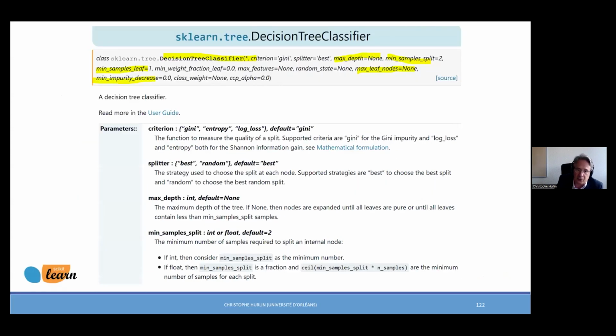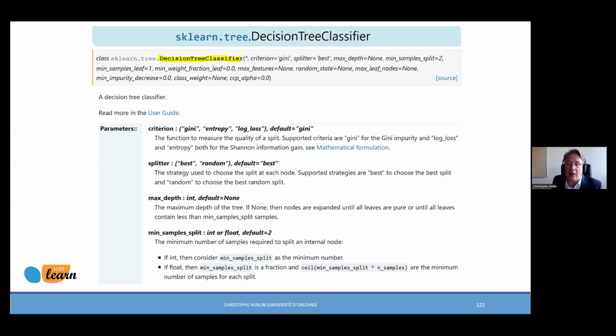So before going to Colab to apply scikit-learn, with Python we'll use the package scikit-learn. In the package scikit-learn, we have a function which is DecisionTreeClassifier.